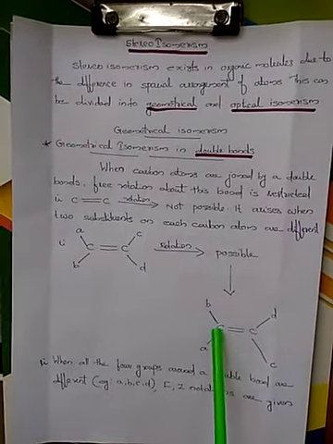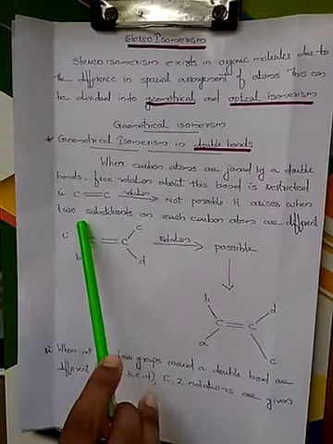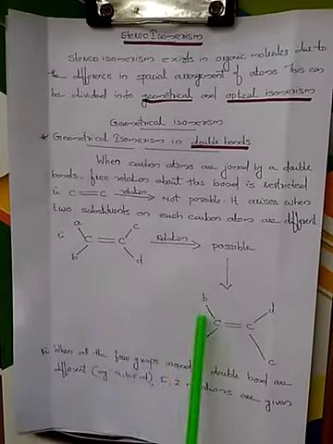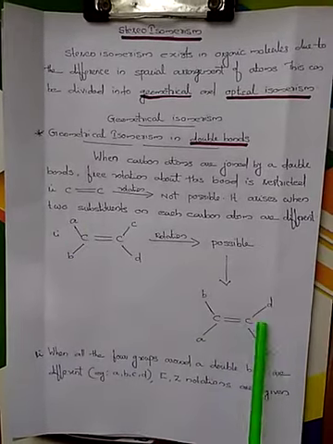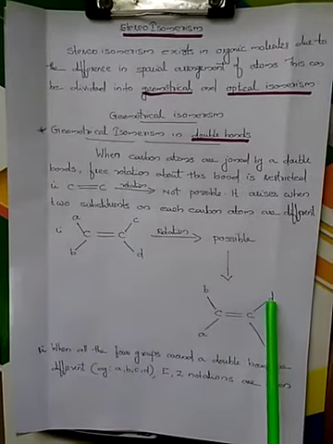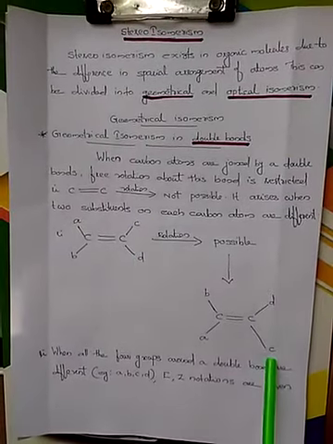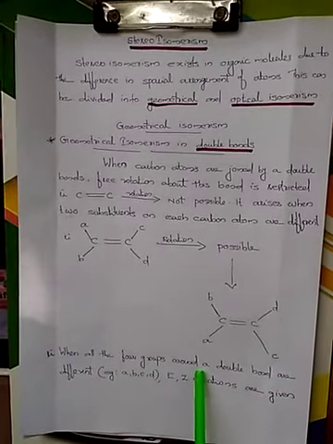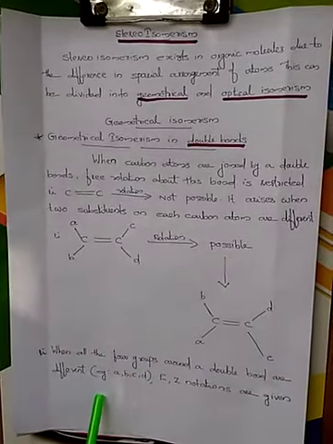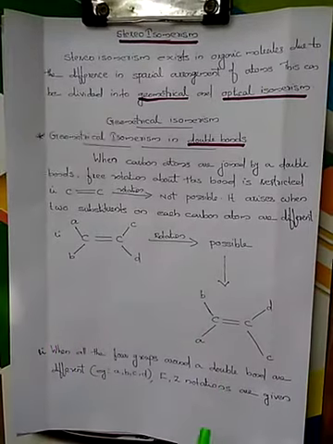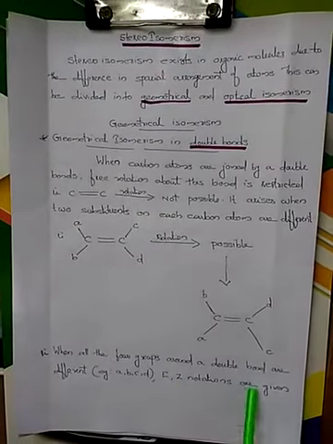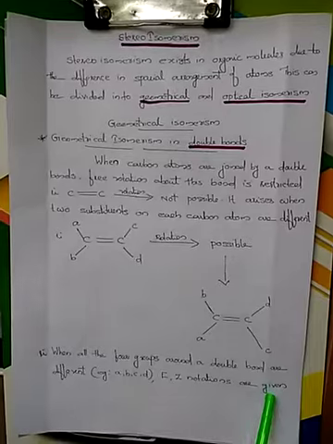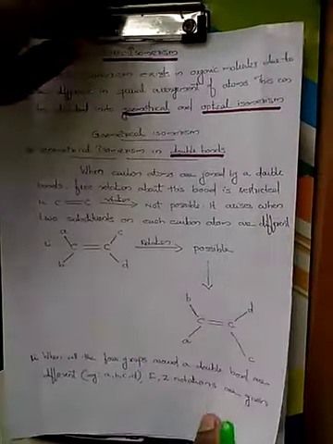That is, for this carbon atom, A replaces B and B replaces A. Here, C is replaced by D and D is replaced by C. When all four groups around the double bond are different, like A, B, C, D, E and Z notations are used. A detailed study of these E and Z notations we will do later.